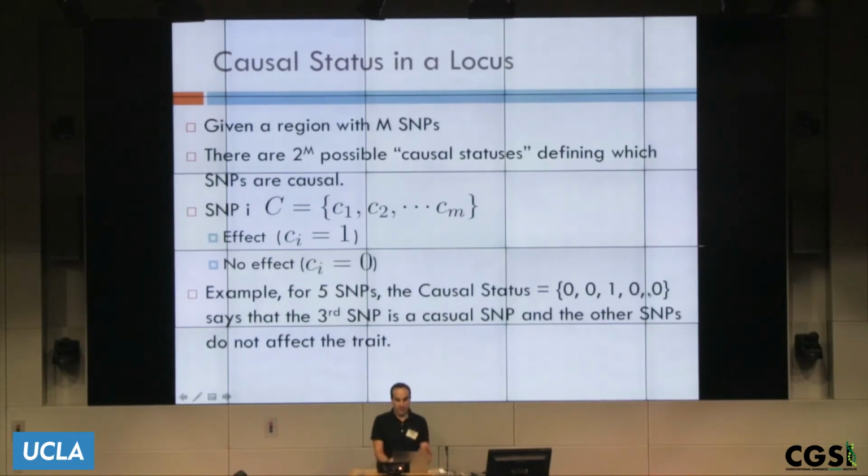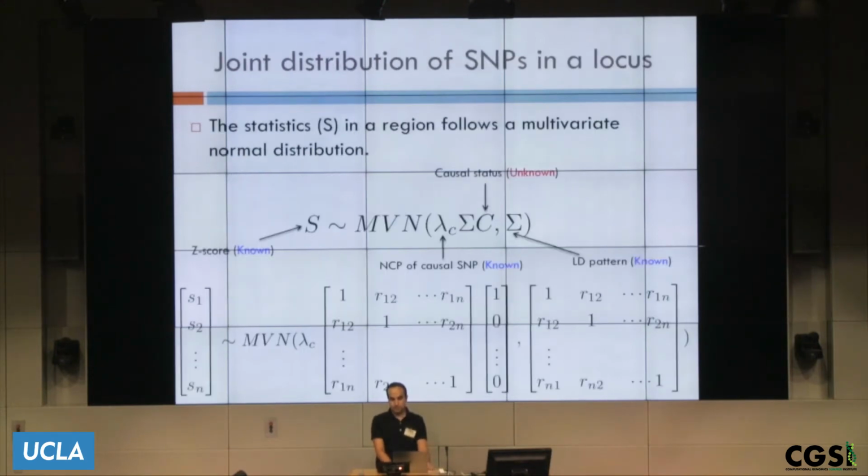Okay, so if we assume that this is what's actually happening, and extend that pairwise thing to the entire locus, the statistics of the M SNPs will follow a multivariate normal distribution, which has the effect of the causal SNP times the correlation matrix between the SNPs, times the causal statuses, and this will be the covariance.